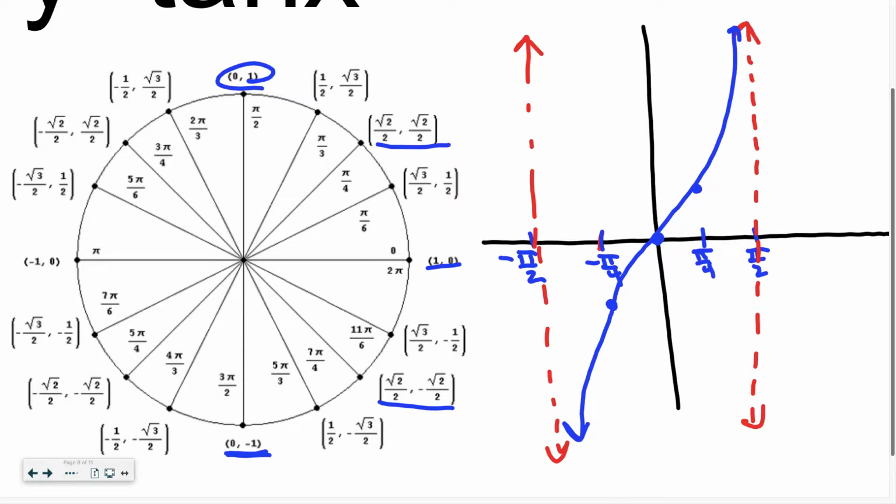And what happens is we have these squiggles over and over and over as we rotate through the unit circle. Okay? So we have an infinite number of squiggles with an infinite number of asymptotes. But this period right here is what we're going to focus on.